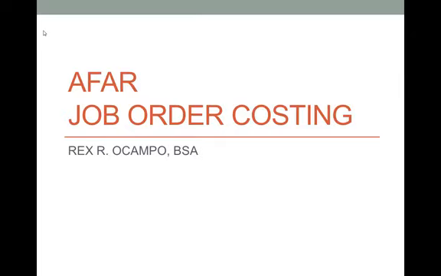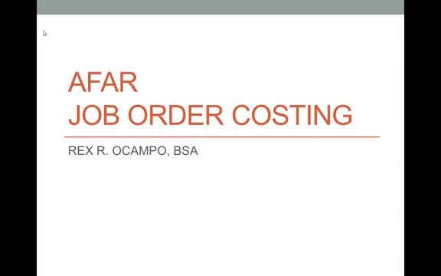Many people are confused here in job order costing. How does the purchase work? How does the sale work? How does it go to work in process? How are the journal entries under materials, direct labor, and factory overhead?